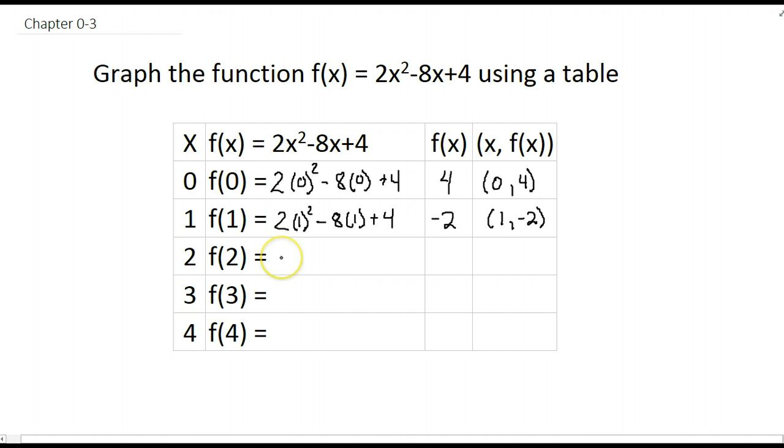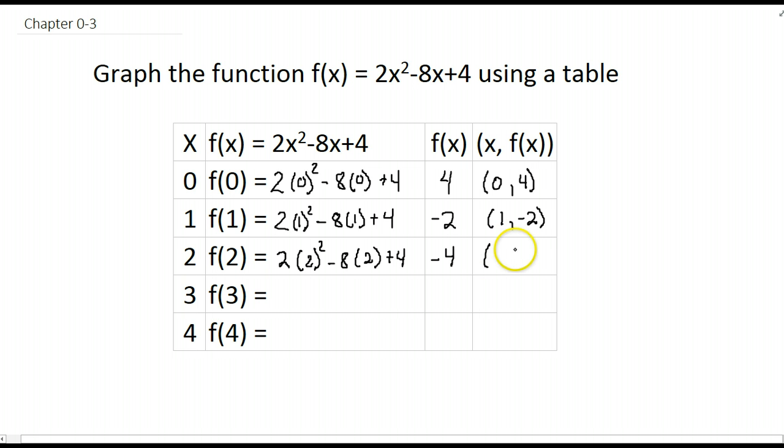Third value, we put in a 2 for our x value. So we have f of 2 equals 2 open, 2 closed squared minus 8 open, 2 closed plus 4. So this time we need to make sure we square that 2 before we multiply it to our first term. So we get a f of x value of -4.